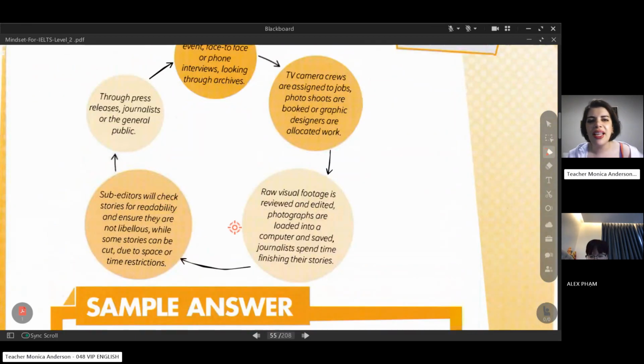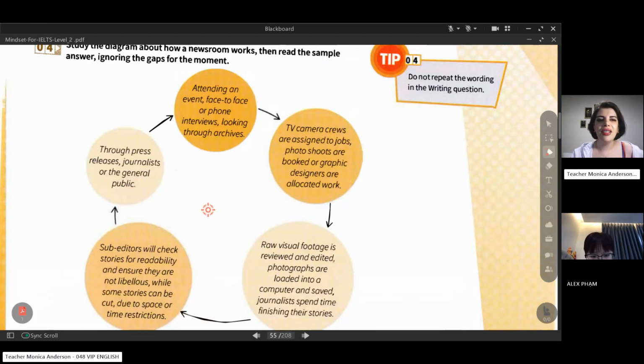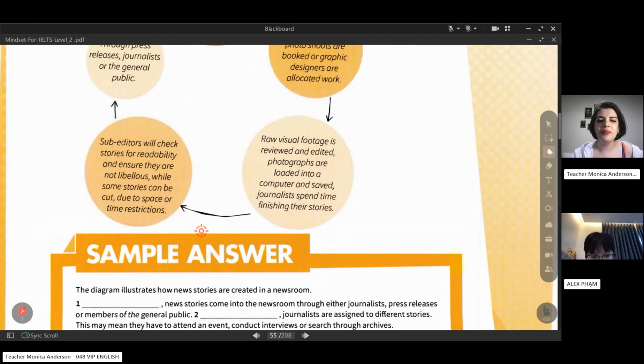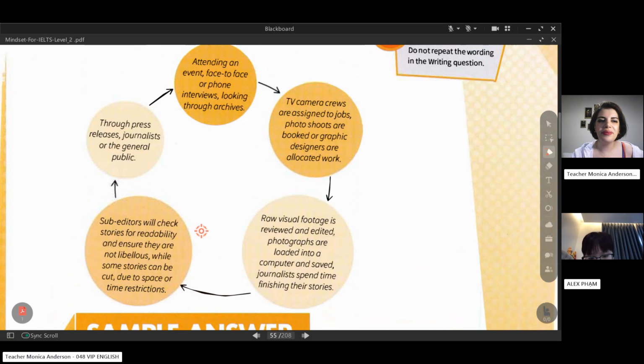Well, first of all, let's check it. Okay, let's see what is the first step. Which one? Attending an event, face to face with phone interviews. Yeah, something like to get news, of course. Well, and after that, step by step.